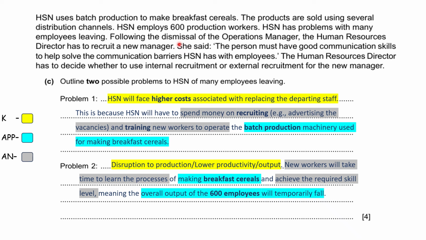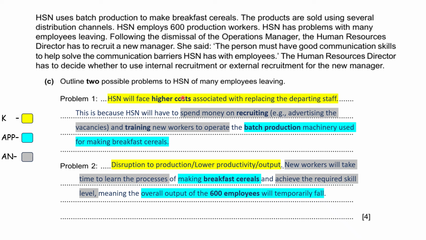Following the dismissal of the operations manager, the human resources director has to recruit a new manager. She said, the person must have good communication skills to help solve the communication barriers HSN has with employees. The human resource director has to decide whether to use internal recruitment or external recruitment for the new manager.